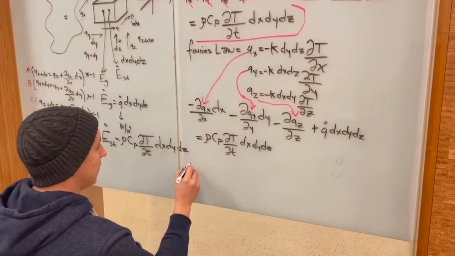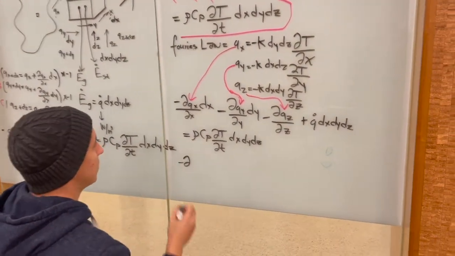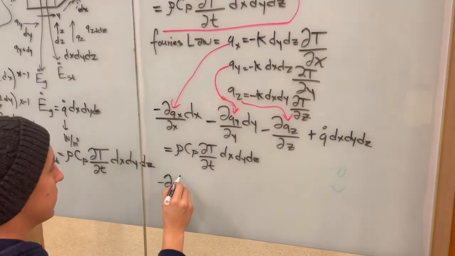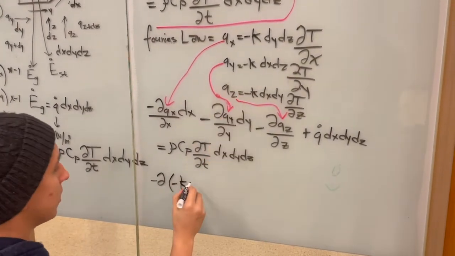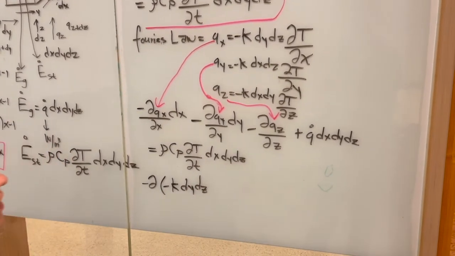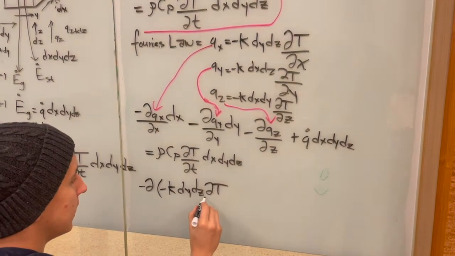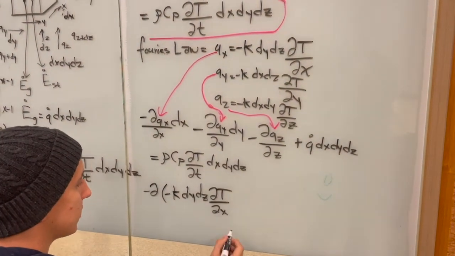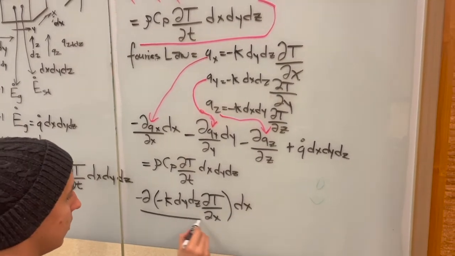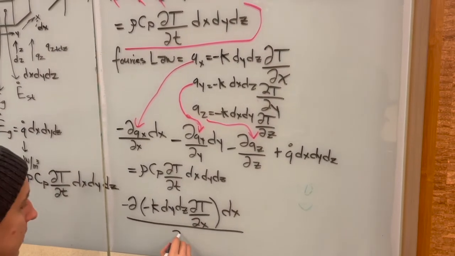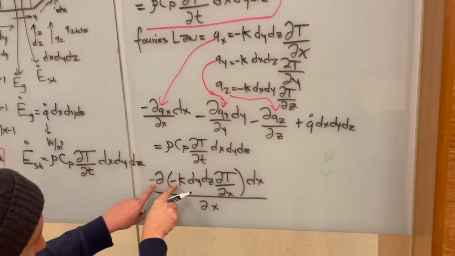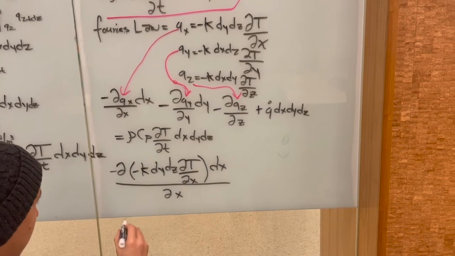So you would end up having your partial derivative here. And then this qx term would just be -k dy dz, and then del T del x. And all of this multiplied by dx, all of this divided by del x. Well, we can simplify this a little bit more. First of all, what you notice is these two negatives will cancel, so that'll go away.